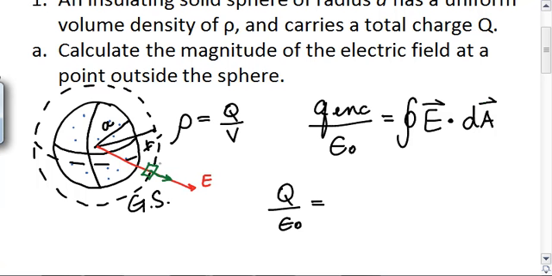Now, what area? This electric field is all over the place, pointing in every single direction. So what's the total area that the electric field is going through? The area of a sphere, right? So then this would be the product of E and 4 pi r squared.